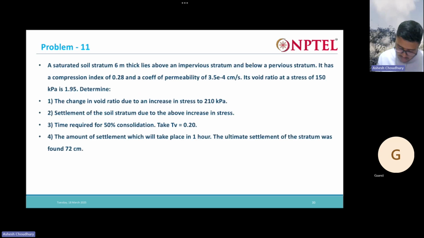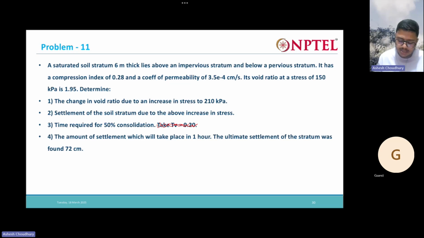So let us not take TV as 0.2, we'll take 0.197 itself. Also a 6 meter thick layer is there, and so it's only single drainage, right?